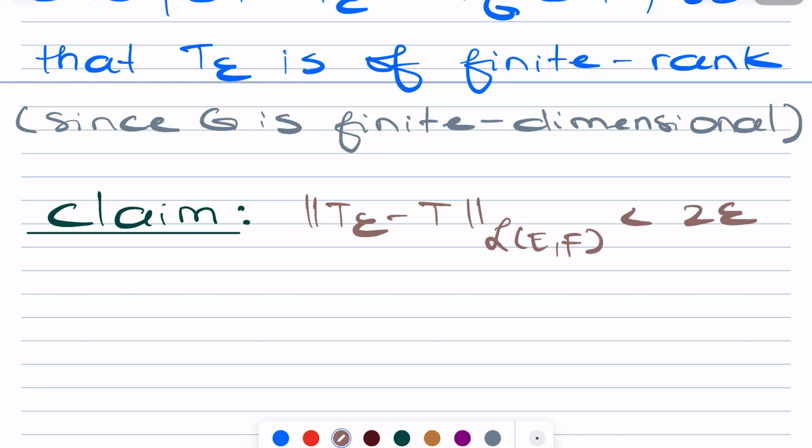If you show this, then we are done, because you can take epsilon to be 1 over n, as epsilon is arbitrary, and then we have our sequence of finite rank operators that converges in operator norm to T.